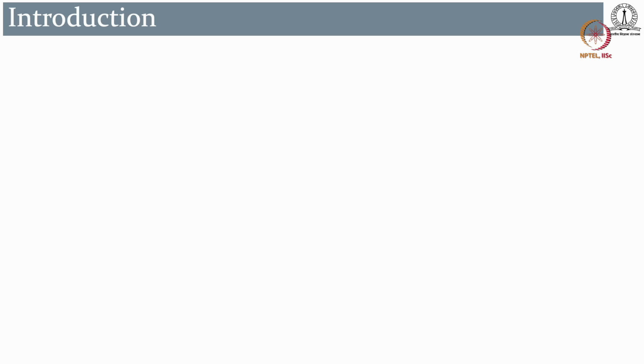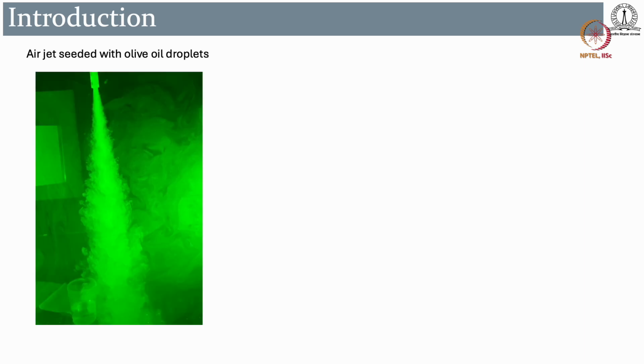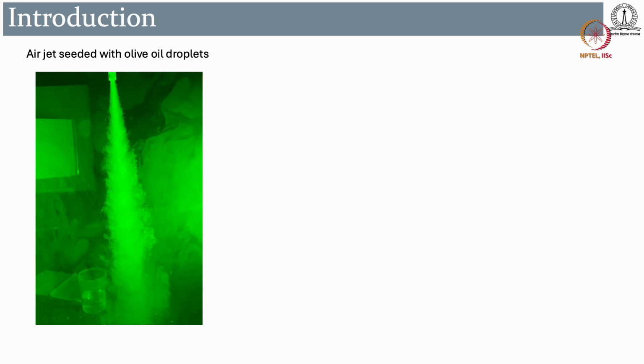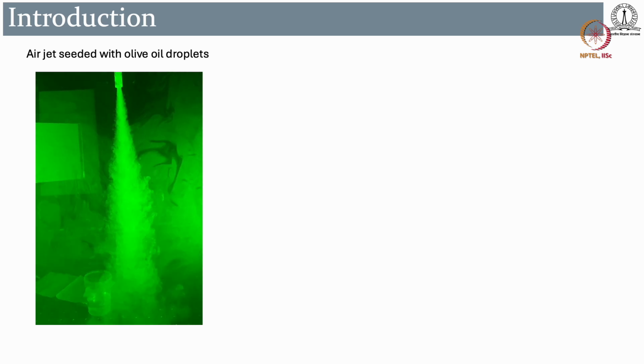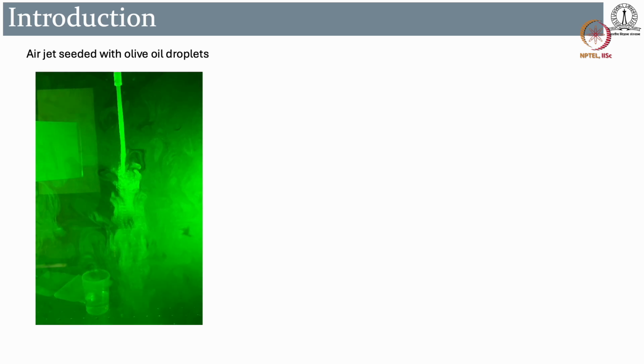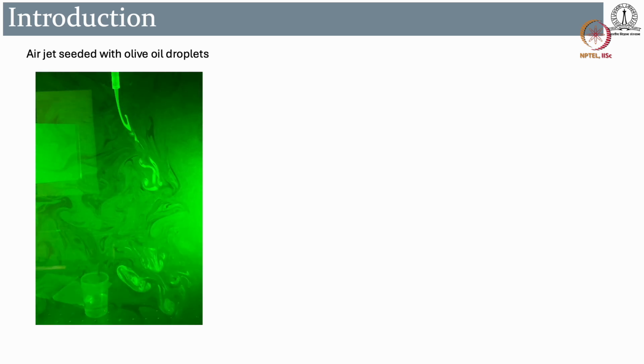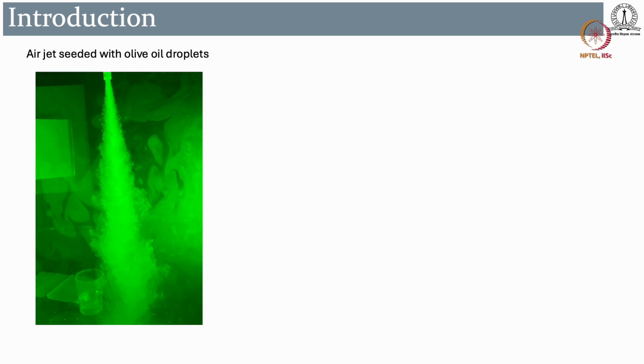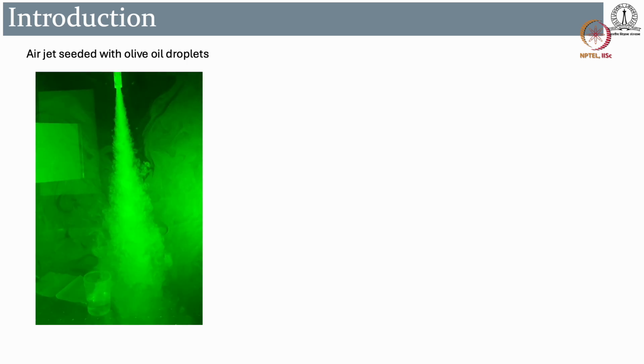I'll show you some videos where you can see how we can visualize air. Here you can see we are blowing an air jet, and we are able to visualize this jet very well. You can see the flow around it also, which is getting sucked in because of this high velocity jet.